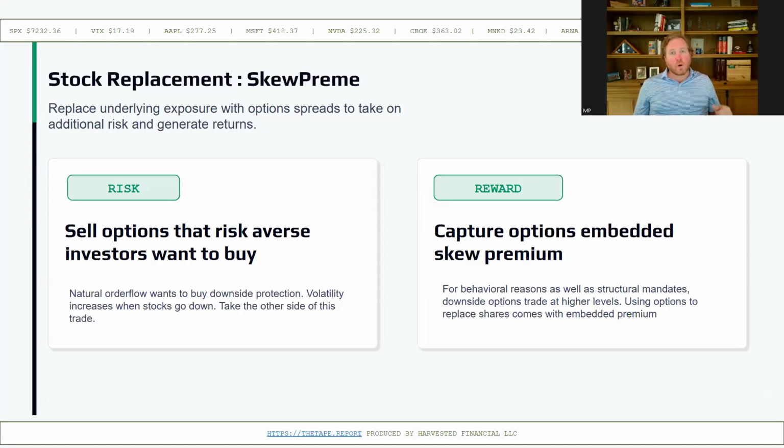Where HedgeRoll was about protection and participation, SkewPreme, the stock replacement strategy, is very much about the risk and the reward, in that we're replacing a portion of our stock position with an option structure.